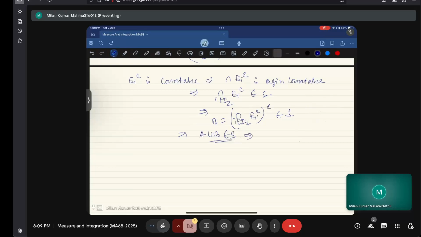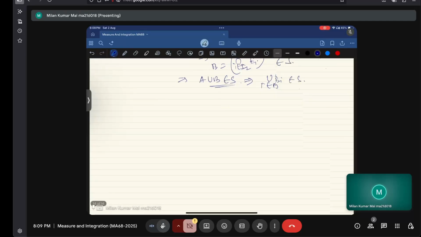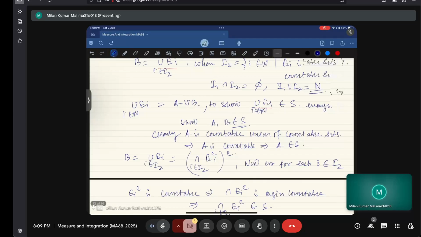That implies the full union is actually there. This is what our main target is. Union i belongs to the natural numbers. This is in there. The second thing we have to show is that if mu is the counting measure on S, then it is complete.